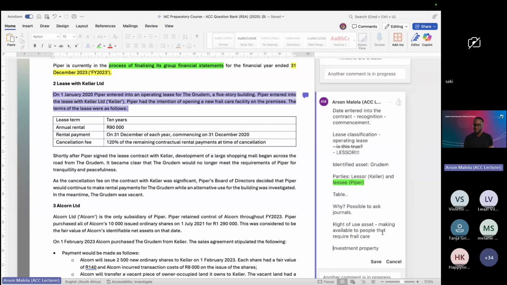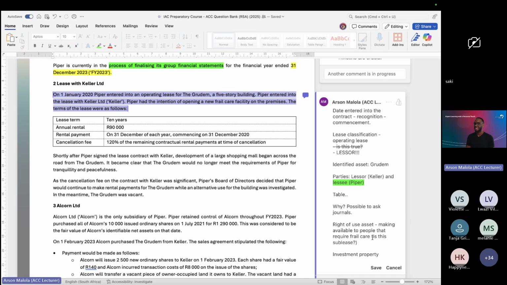Okay, so now the question is, how are we accounting for this right of use asset? Is it investment property or is it PPE? Absolutely good question, because potentially this agreement here could be a sublease.